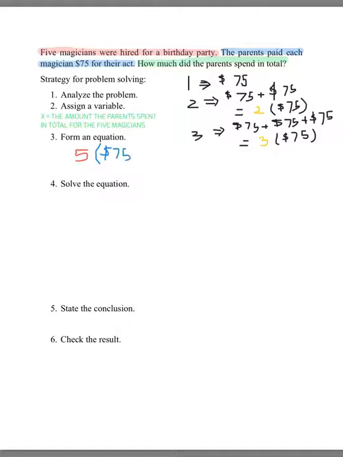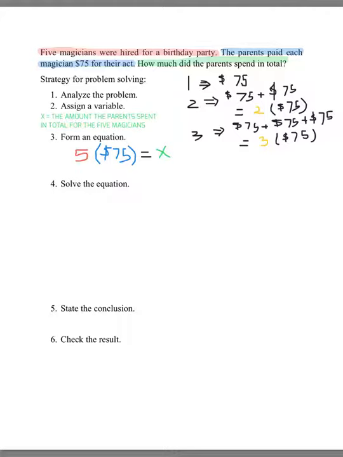And this is going to be equal to the total price the parents would have paid for all 5 magicians, which again is represented by a variable x. So again, there's 5 magicians, so we're going to multiply 5 by the rate per magician, which is 75. And therefore, we have our equation.